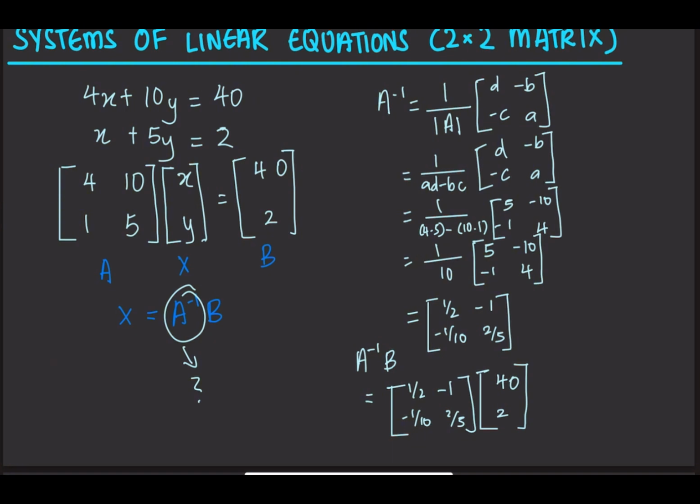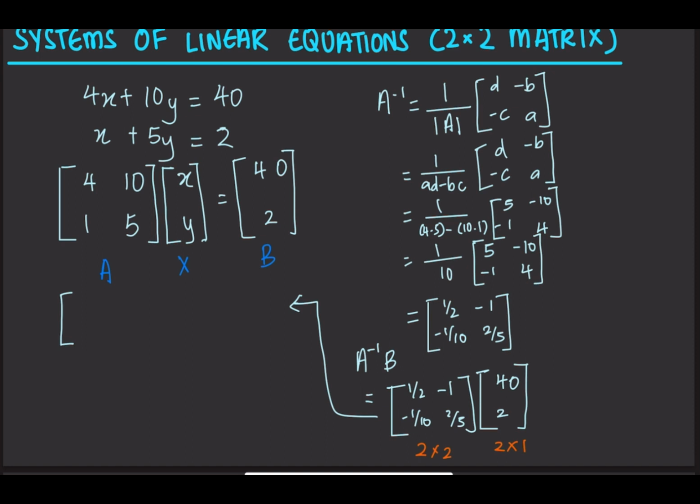Okay, following the matrix multiplication, let me do it on this side here, since I'm running out of space. Remember that to multiply, we take the first row multiplied by the column, then the second row multiplied by the column. To verify, remember that we have to have the same size: this is a 2 by 2 matrix and this is a 2 by 1 matrix.